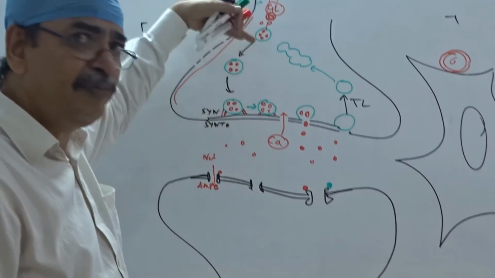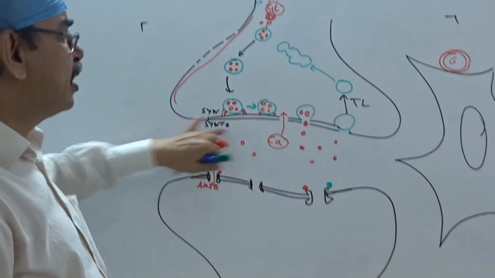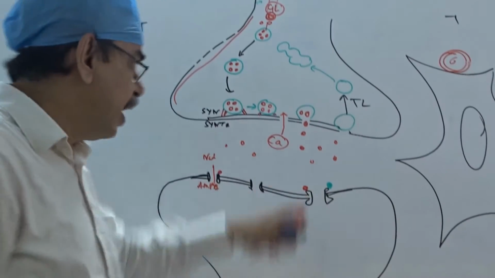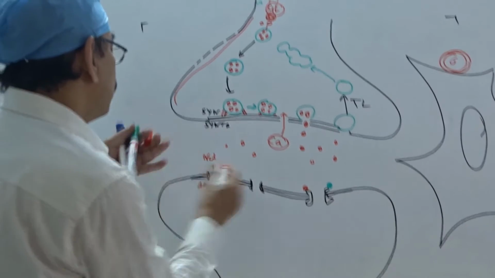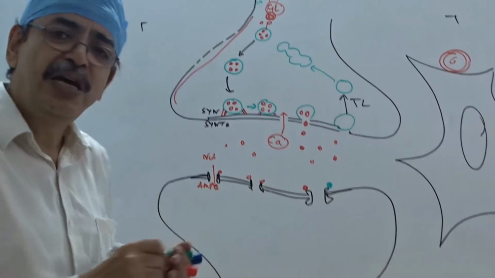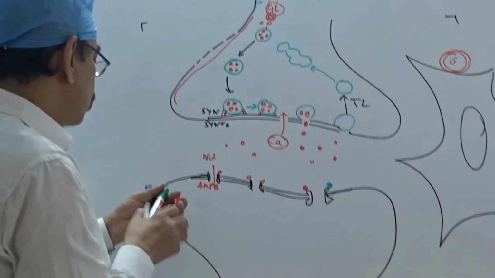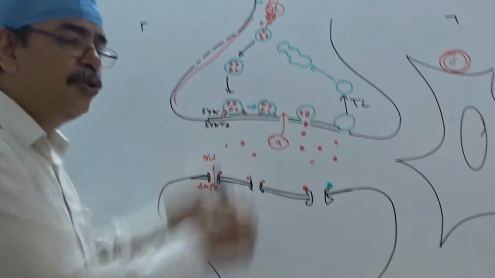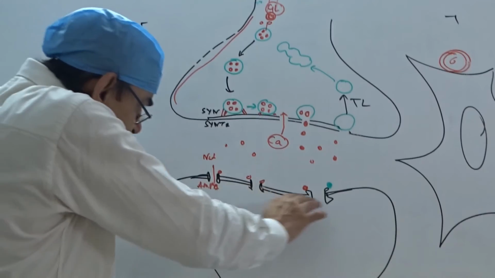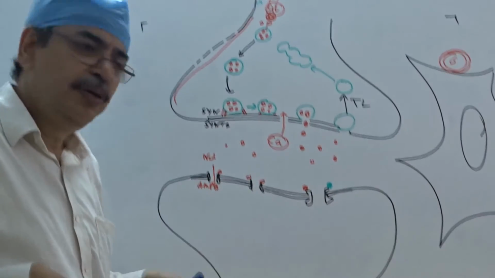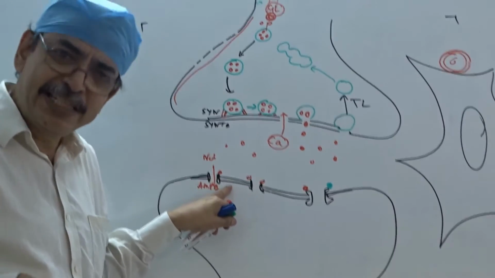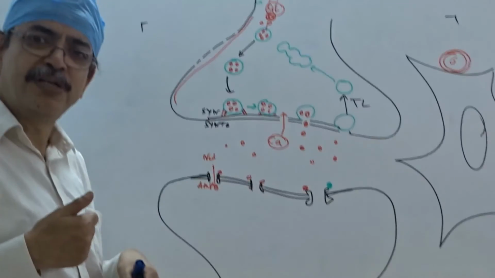Continuously these glutamates are being released. So lots of glutamates are there in the synaptic membrane, and they have stimulated almost all the AMPA receptors, these ion channels, and so sodium has entered all through. So this membrane potential remained a little up, and the threshold has been reduced considerably.